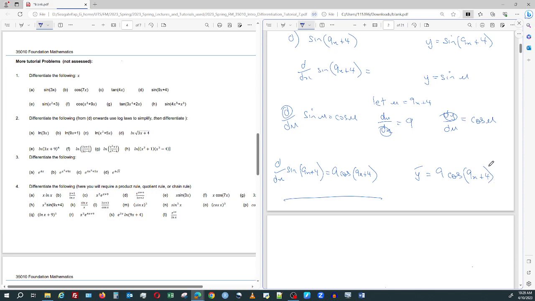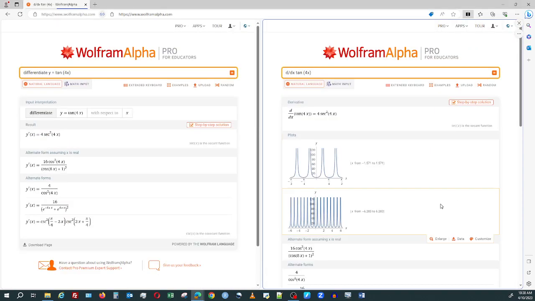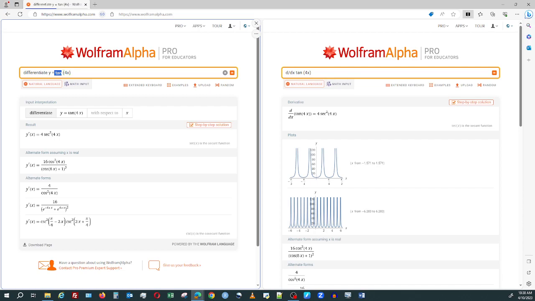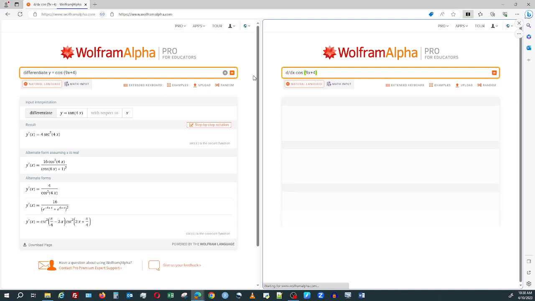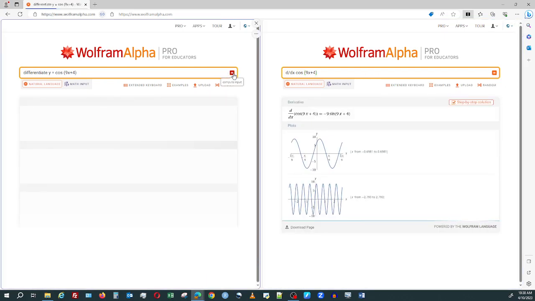So sine 9x plus 4. Okay, so it's worthwhile having a look at our video and seeing differentiate cos 9x plus 4. We can hit both of those, and cos 9x plus 4.